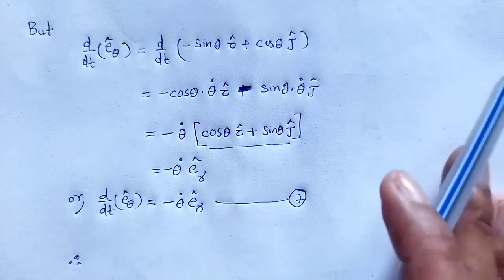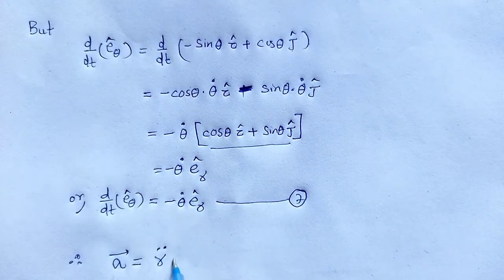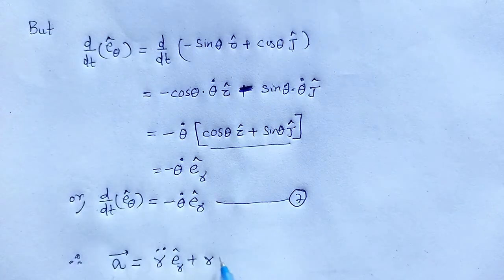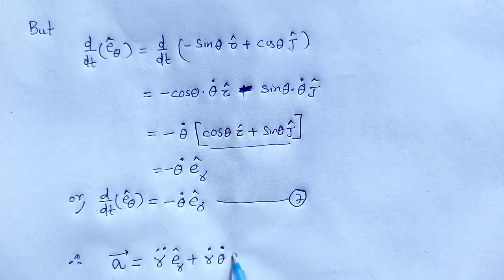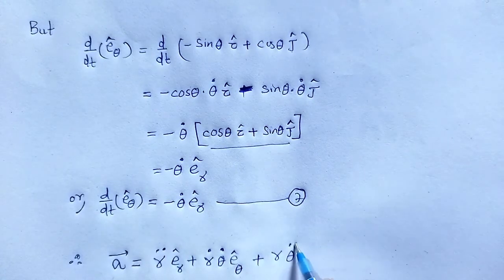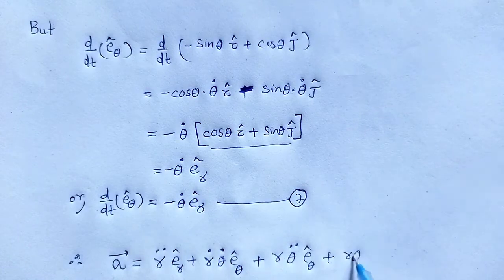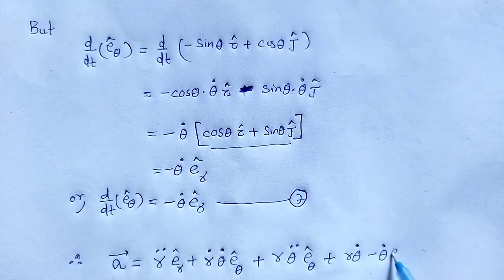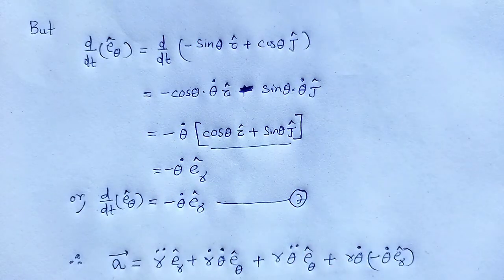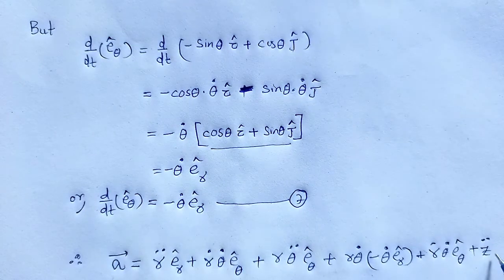Putting these values of d by dt of e theta cap, we get a vector is equal to r double dot e r cap plus r dot theta dot e theta cap plus r theta double dot e theta cap plus r theta dot times minus theta dot e r cap, plus r dot theta dot e theta cap plus z double dot k cap.